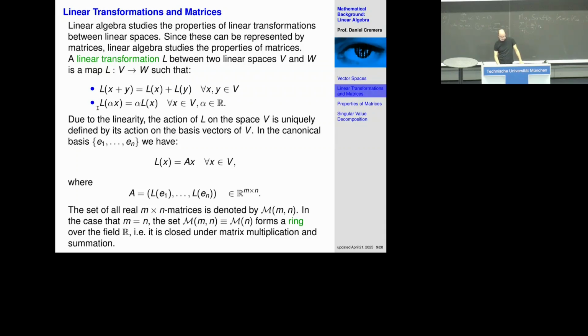The other property is that it has to be compatible with scalar multiplication. So whether I rescale a vector x in the input space with a scalar alpha and then transform, or I first transform the vector and then scale, it should be the same. If these two properties hold for any vectors and any scalars, then the transformation is called linear.